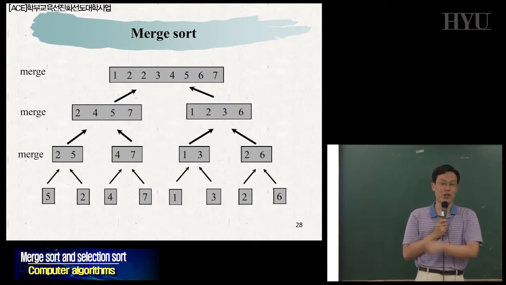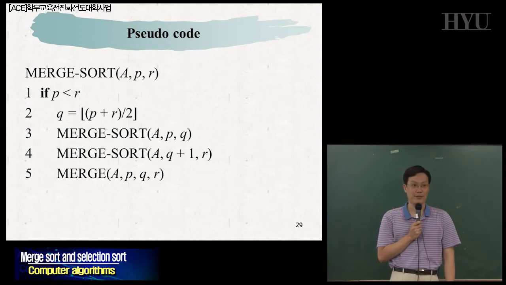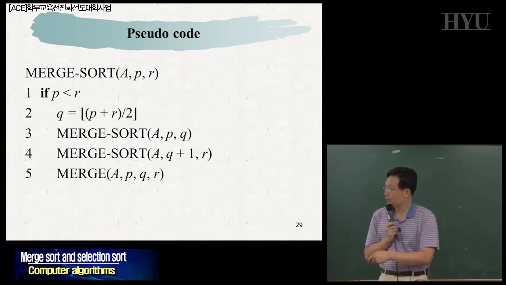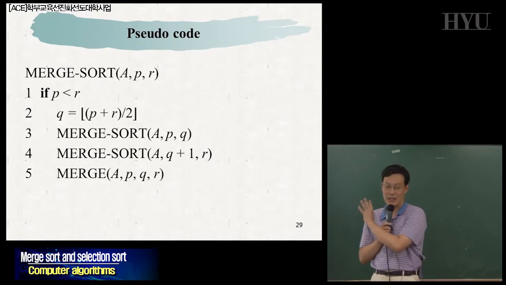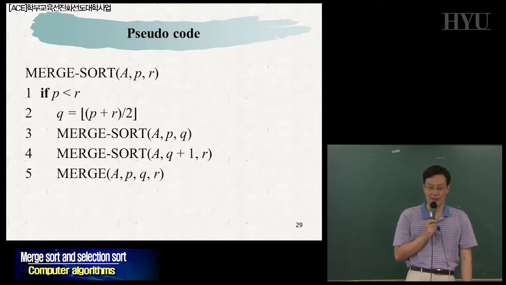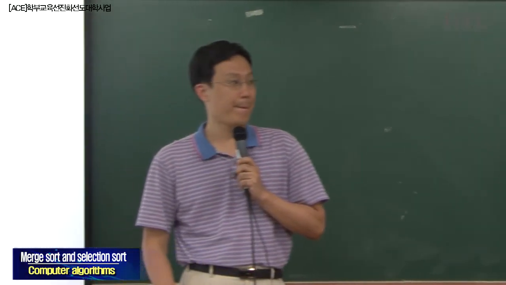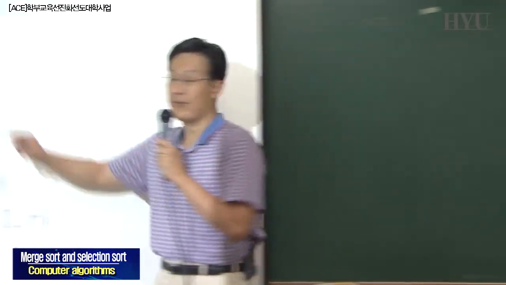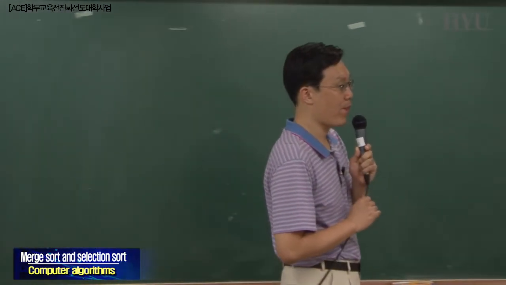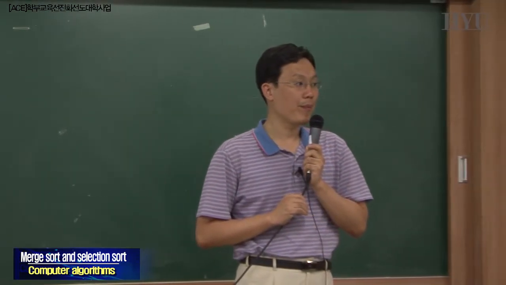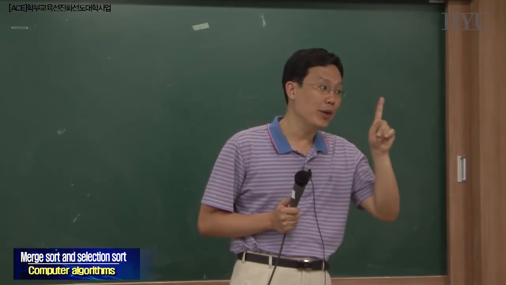This page shows you the pseudocode for merge sort. Look at this page and understand the meaning of each line. Kim Jong-bin. Okay, what's the meaning of the first line? Line 1.